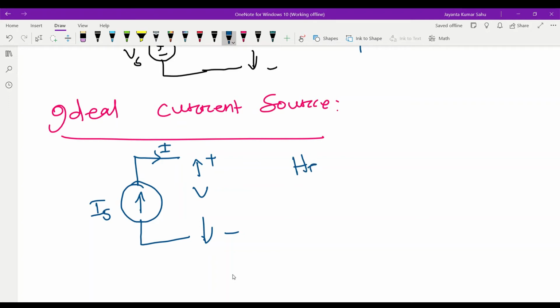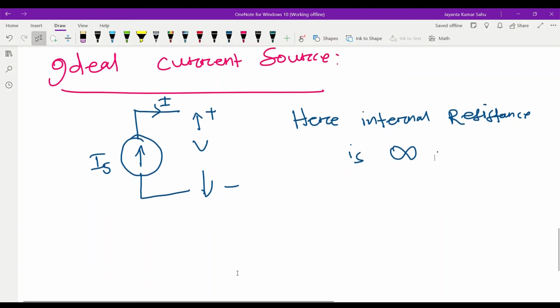What is the internal resistance here? Sorry, the internal resistance is not 0, it is infinite. In the ideal current source, the internal resistance is infinite. If we draw the IV characteristic, we get this type of graph.